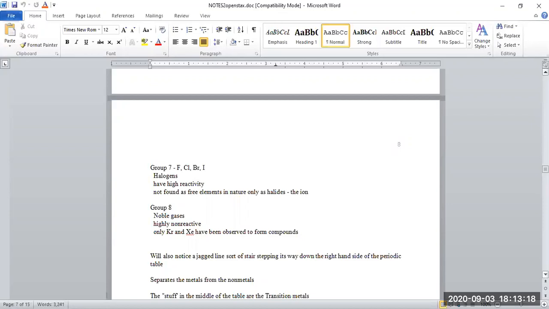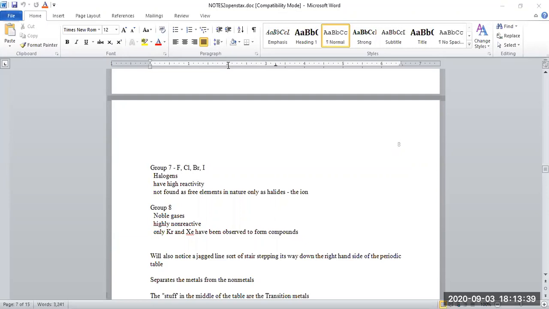Sodium chloride, table salt, is one of those kind of common options there. Silver bromide is found in small amounts in seawater, also used in photography. Potassium iodide.